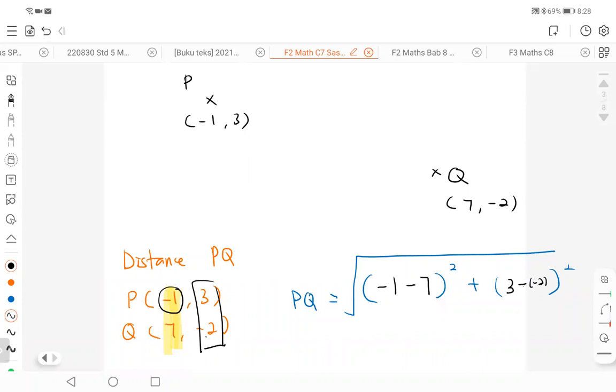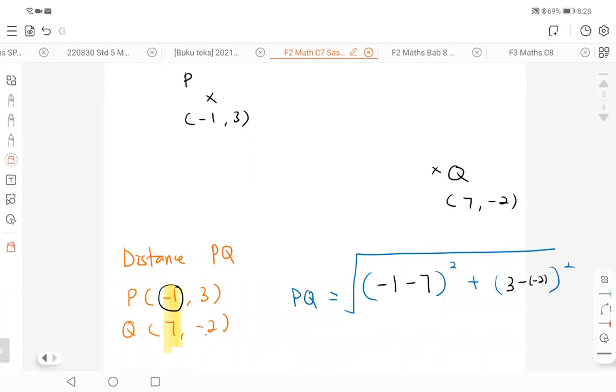Avoid careless mistakes. Why we list down like this is to avoid careless mistakes, so that we can see 3 minus -2. So it's actually 3 plus 2 at the back. Then only you key in the calculator and find out the answer.